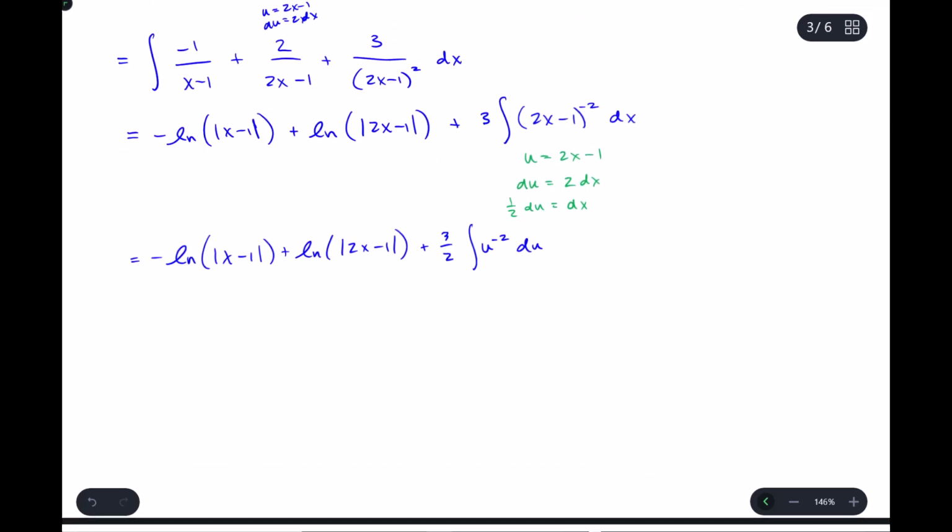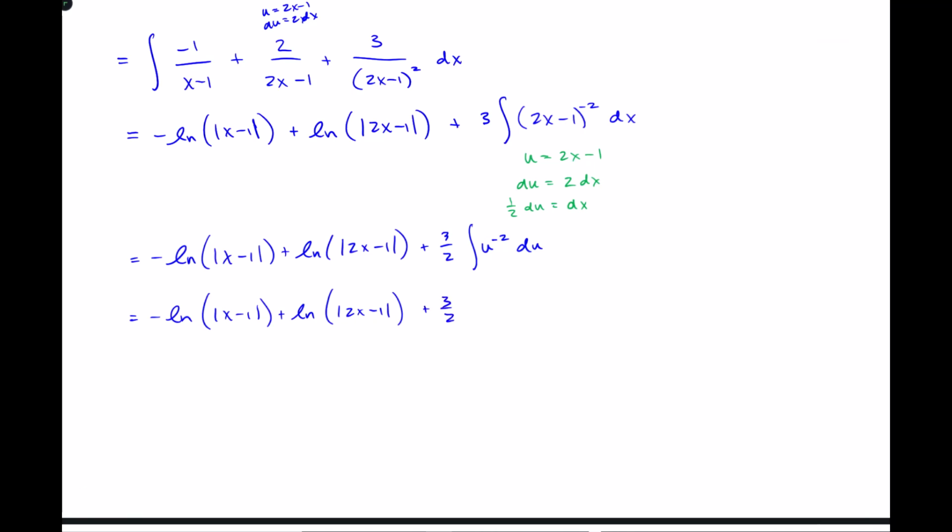All right, now I can actually integrate that. u to the -2nd, we would add 1 to that exponent, so that would be u to the -1 over -1 plus c.